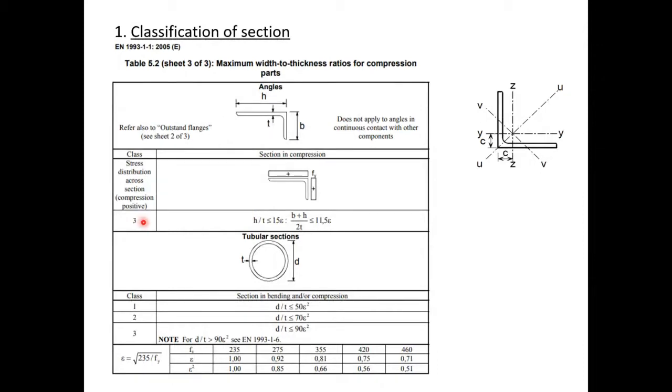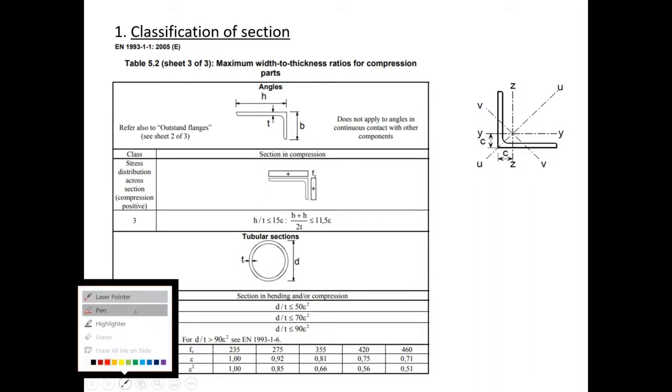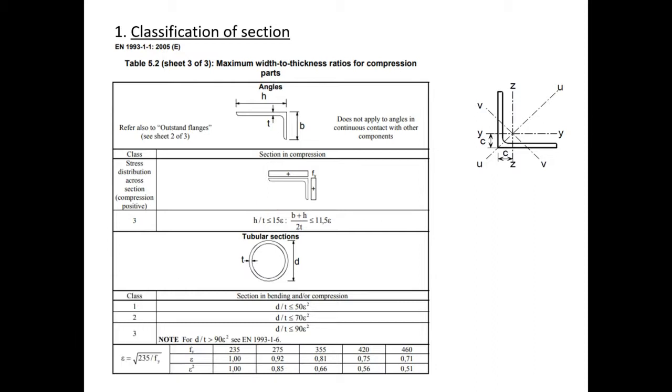Sorry, if h over t is less than 15 epsilon and b plus h divided by 2t is less than 11.5 epsilon, if both of those hold true, it's at least a class 3 section. Otherwise, it's a class 4 section. Let's do the calculations for that.